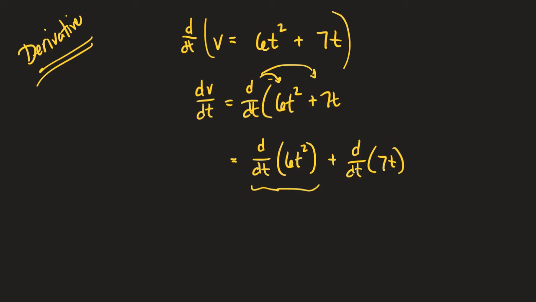And a straightforward polynomial is of the form c t to the n. Right? This is the strict form of a polynomial. T is your variable, c is the coefficient, and n is your exponent. That is the strict form of a polynomial.